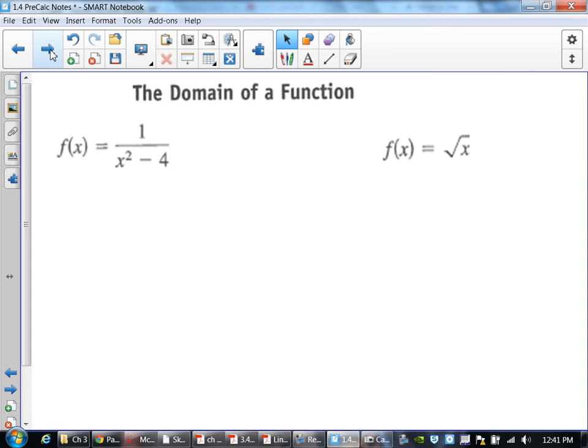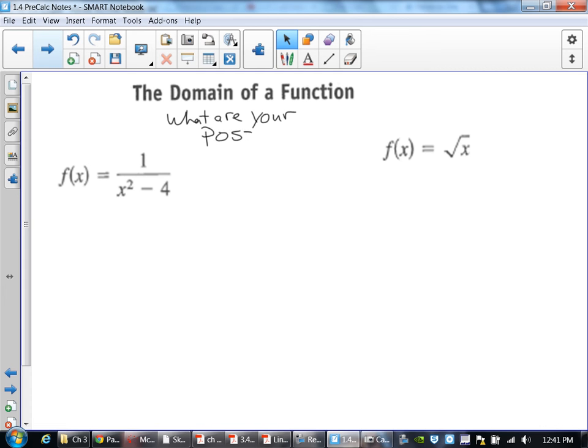Domain. This might be the last we'll get to today, so I don't think we'll have much time to get into anything else. The domain of the function is what are all your possible values of x? So if I have, I forgot to get the other equation here.